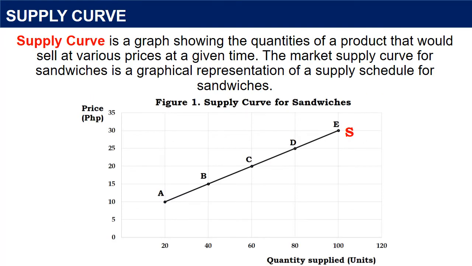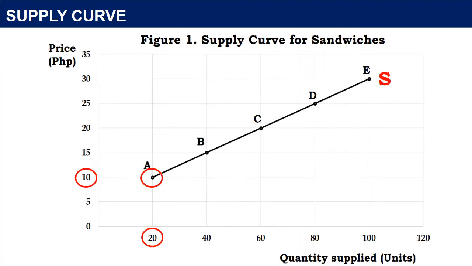Supply curve is a graph showing the quantities of a product that would sell at various prices at a given time. The market supply curve for sandwiches is a graphical representation of a supply schedule for sandwiches. As shown in Figure 1, the price is scaled on the graph's vertical axis and quantity on the horizontal axis.